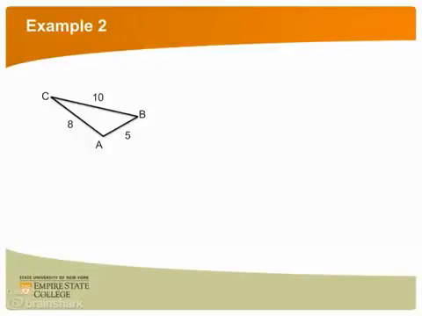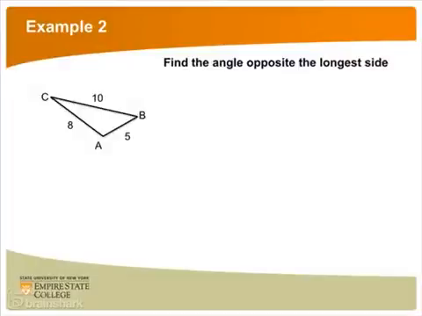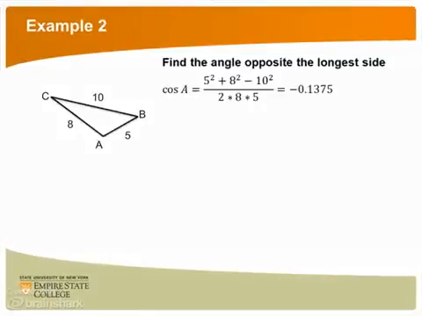Suppose we know that the lengths a, b, and c are 10, 8, and 5, respectively. We need to find the measures of the angles to solve this triangle. First, we will find the measure of angle A, which is opposite the longest side. To do so, we use the second version of the law of cosines.